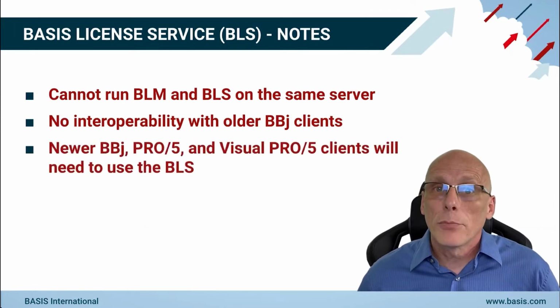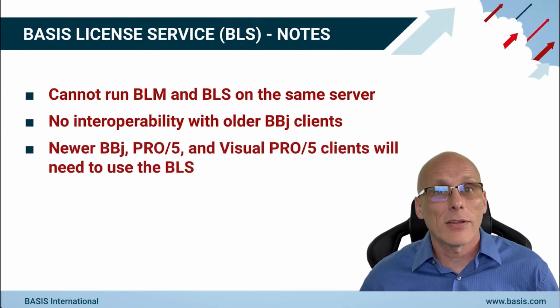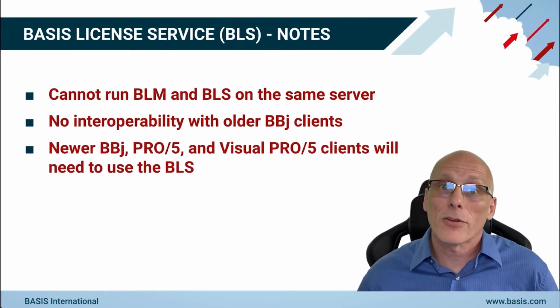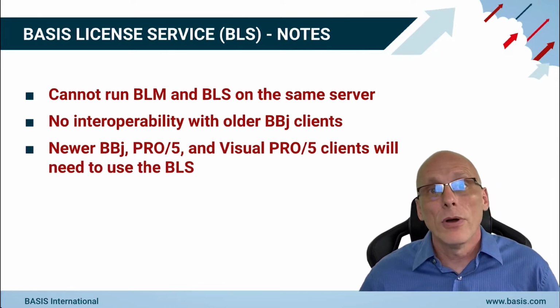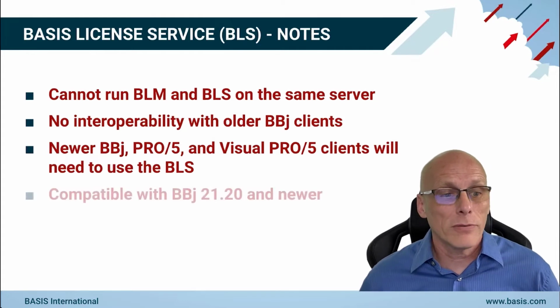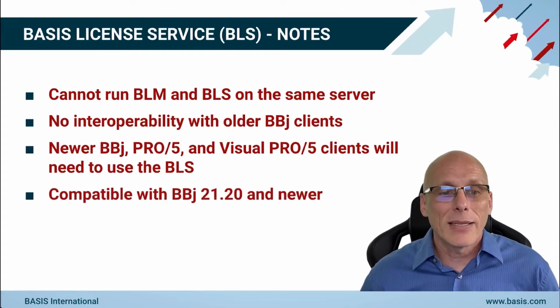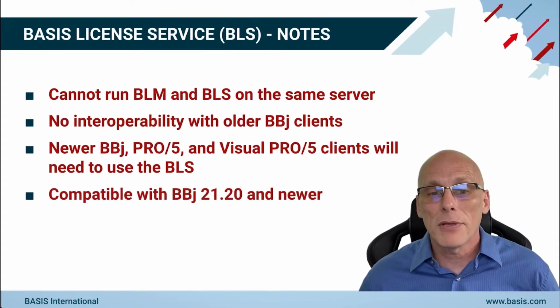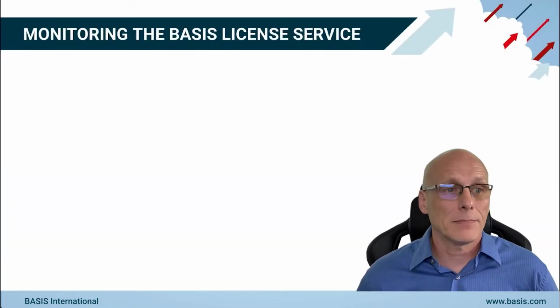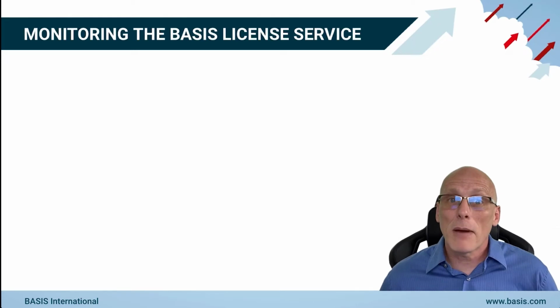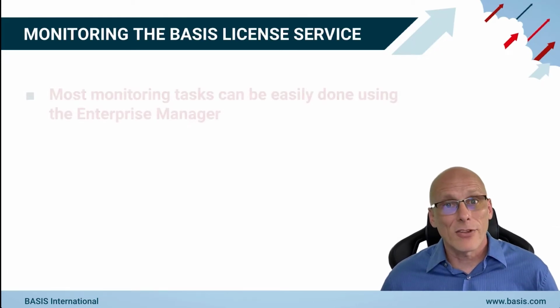Newer BBJ, Pro 5, and Visual Pro 5 clients will all need to use the BLS rather than the BLM. So keep that in mind as you move forward. Also, keep in mind, again, that this will be compatible with BBJ 2120 and newer, and that's what the plan is currently.